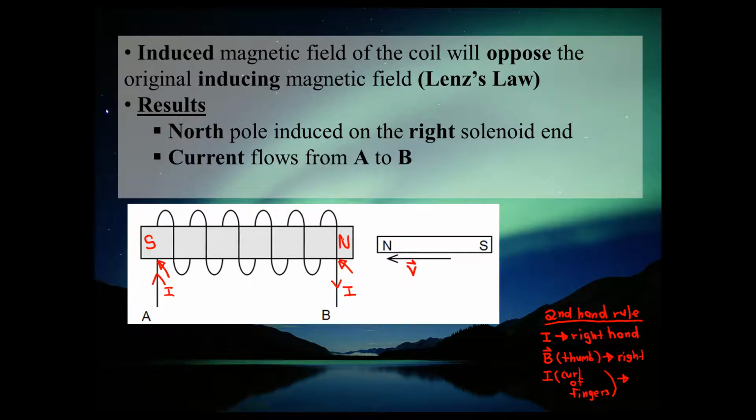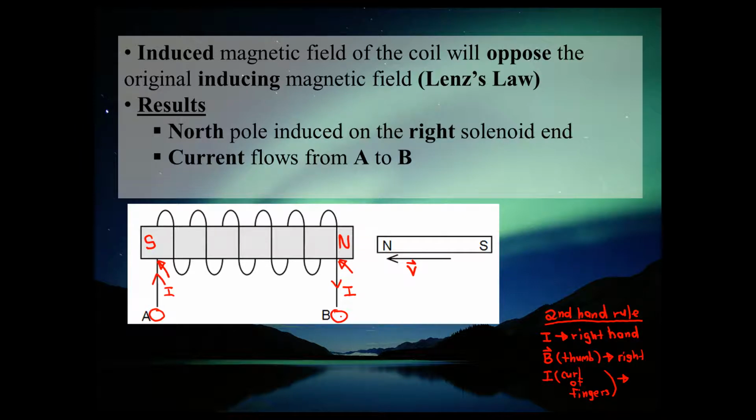If I use the second right-hand rule to figure out the direction of the current, it would flow from A to B. Now, in this problem, I don't have this wire connected to anything. In fact, it's not even a complete circuit. The wire is broken from this portion A over to B. So I can't actually generate a continuous current.